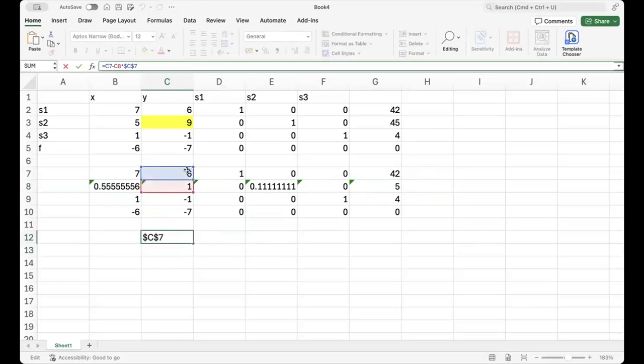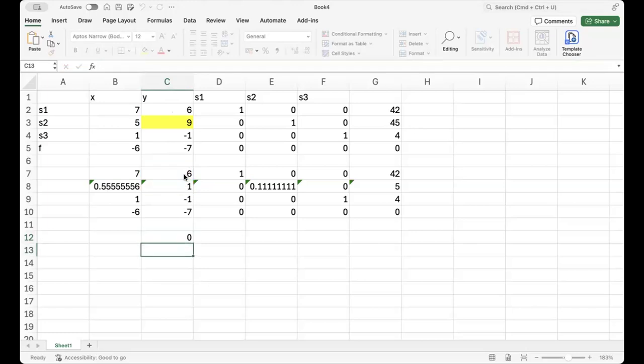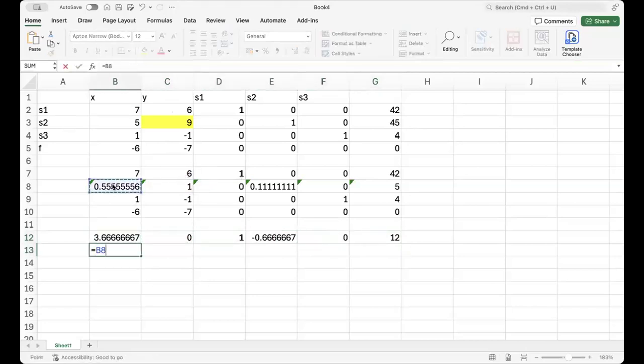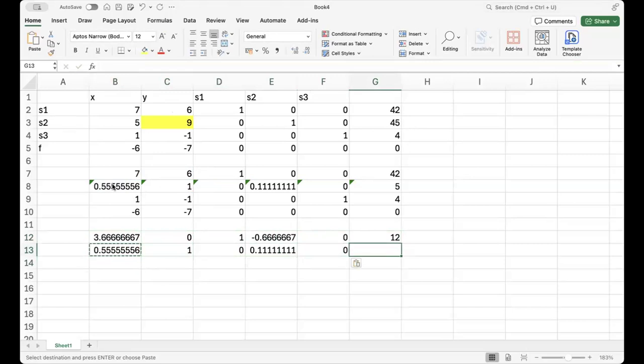Subtract 6 by this one times this one, and then you copy. The next row is our pivot row, so we don't do anything.